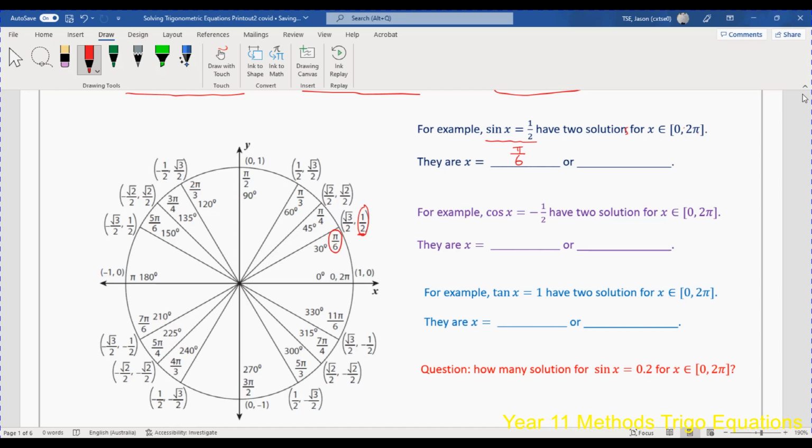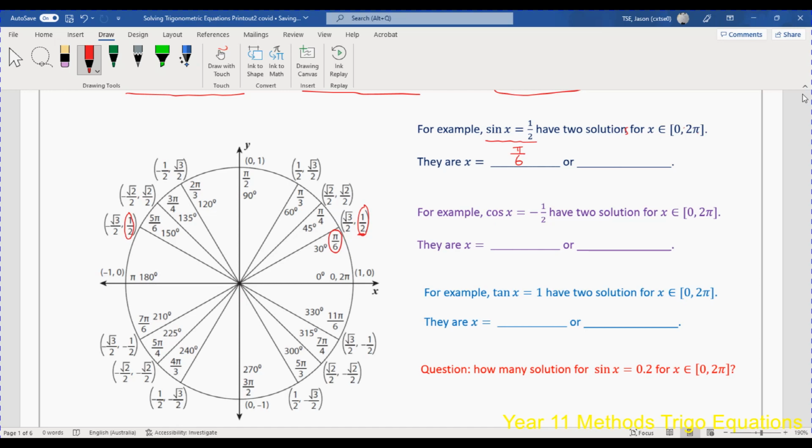Where is the other answer? Remember that a half is the y coordinate. So if you go to the other side of the quadrant, then you will see another half here. For that half, where is the angle?